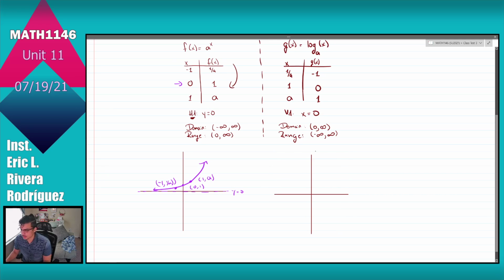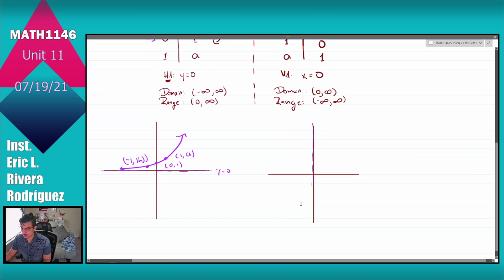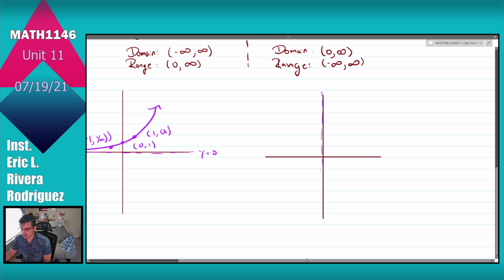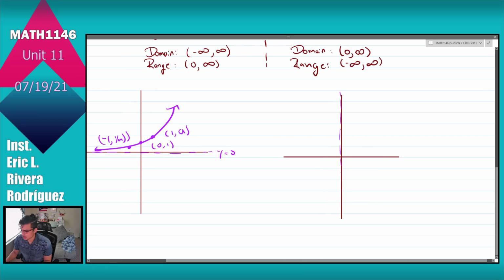First thing, we flip the horizontal asymptote into a vertical asymptote, right? And then we have this. Something like this.